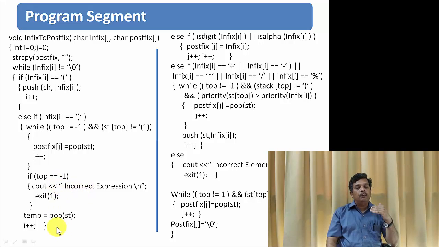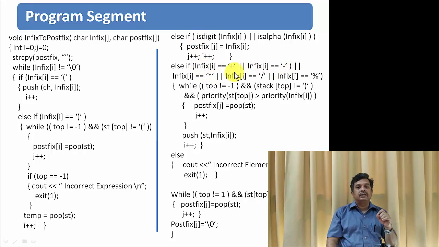Otherwise, you have to pop the expression and write it in temp. i will be increased by 1. If the infix expression character is a digit or an alphabet, then what you have to do? You have to take the infix expression and write it in the postfix expression, and i and j variables you need to increment.